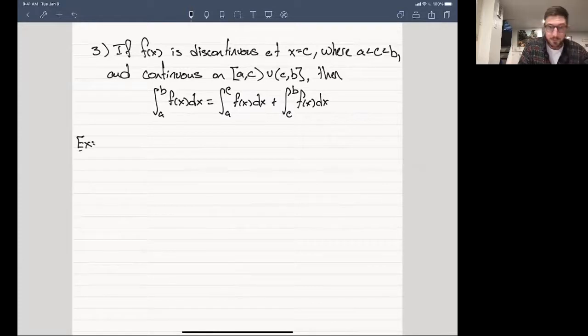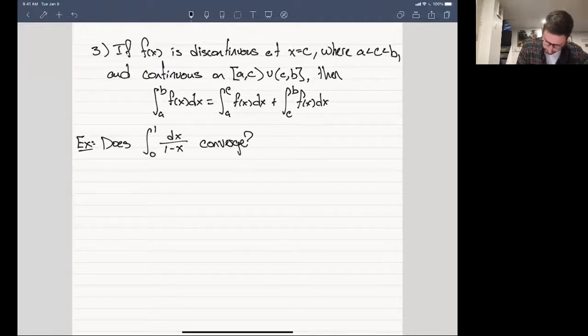So an example. Does the integral from 0 to 1 of dx over 1 minus x converge? Okay, so we can see immediately that this function has a singularity, a vertical asymptote at x equal to 1.